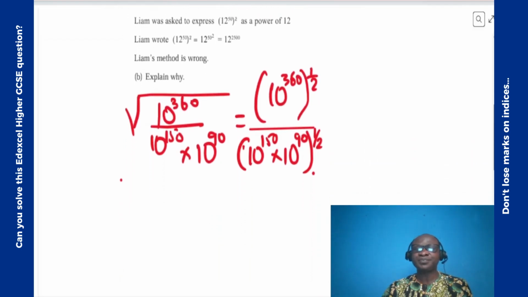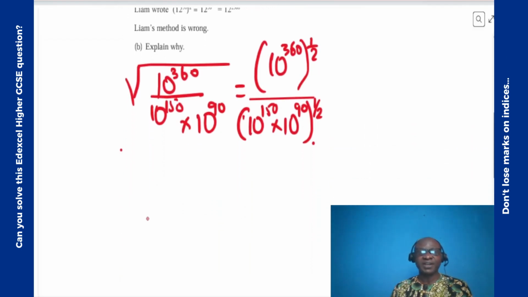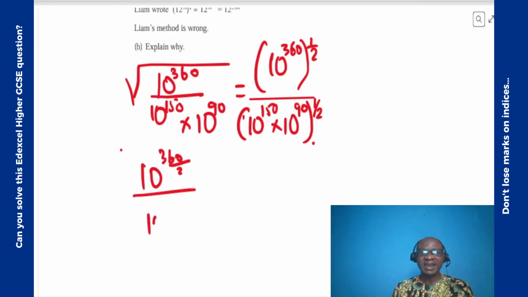Remember the product law of indices? That means I am going to have 10 to the power of 360, divided by 2, all over 10 to the power of 150 plus 90, applying the law of indices, all to the power of half.